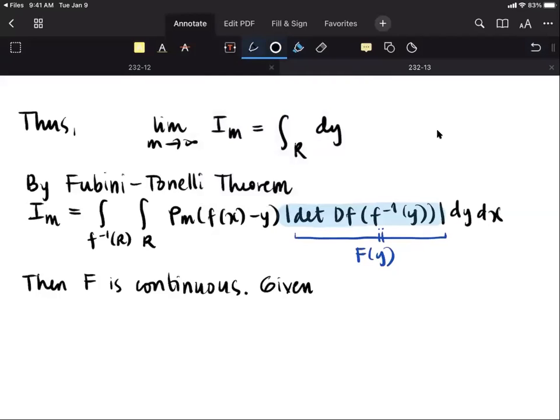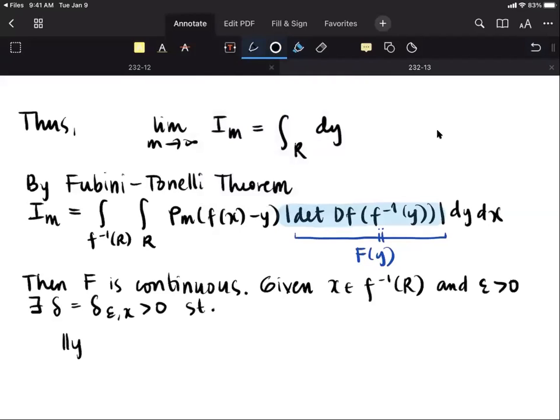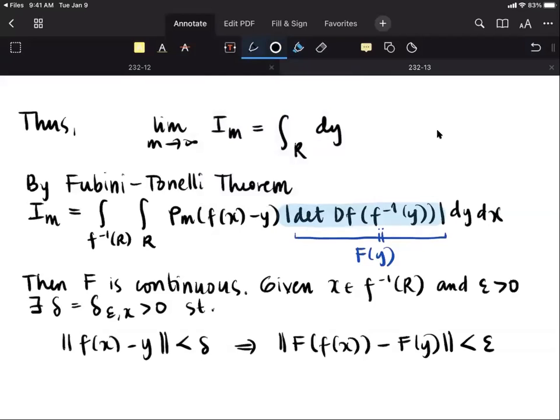Let us apply the definition of a continuous map. Given an x in f inverse of R, that would be the variable corresponding to the outer integral, and a positive epsilon, one can find a delta, and in general this depends on epsilon and x, in such a way that if the distance between f of x and y is less than delta, then the distance between the corresponding images under the continuous function capital F would be less than epsilon.